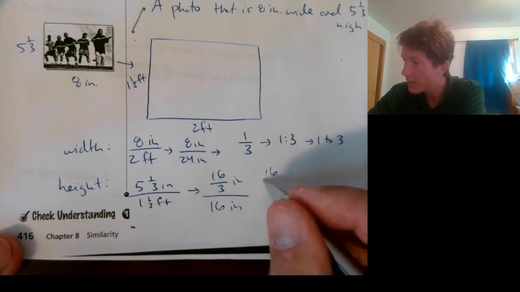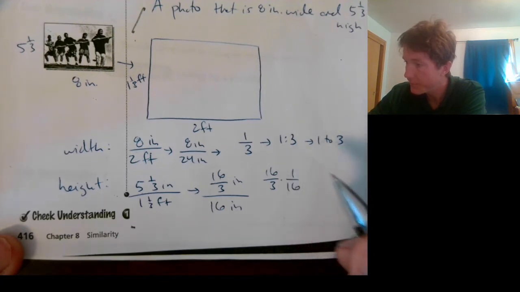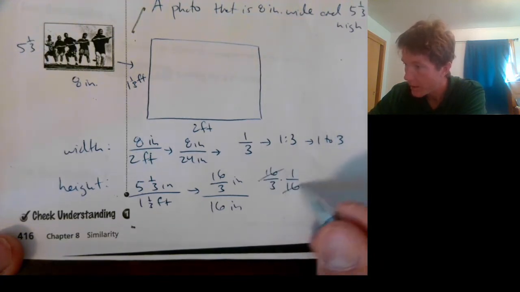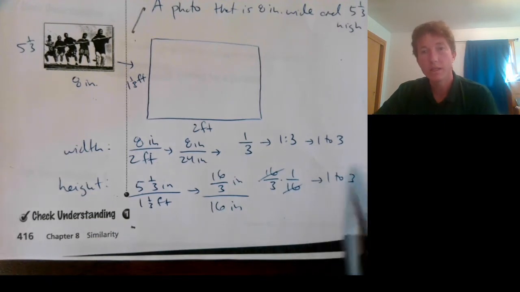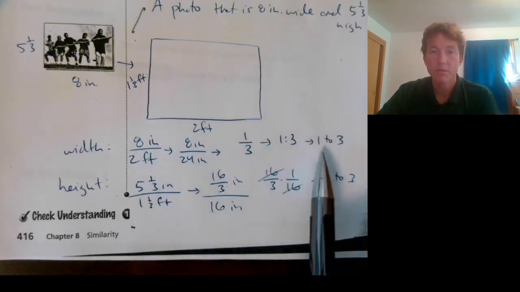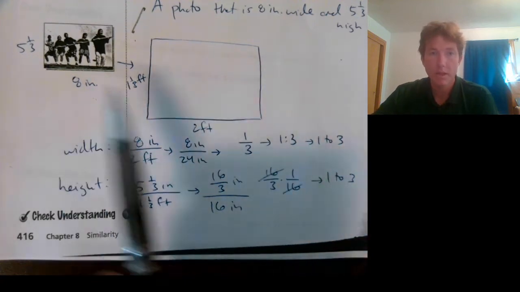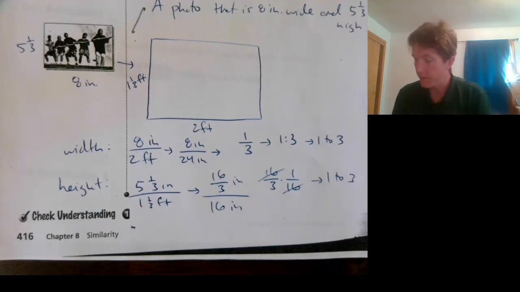So we do 16 over 3 times 1 over 16. And then those cancel out. So it looks like a 1 to 3 ratio. Okay, that makes sense. So the width here was 1 to 3, and the height was also 1 to 3. So it's a nice even blow up. Okay, they didn't get any of the dimensions wrong when they did that.